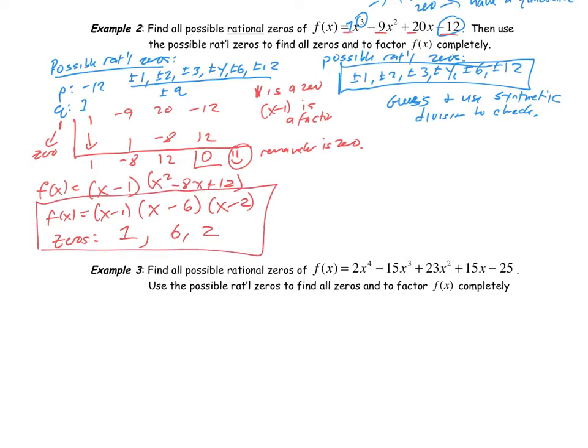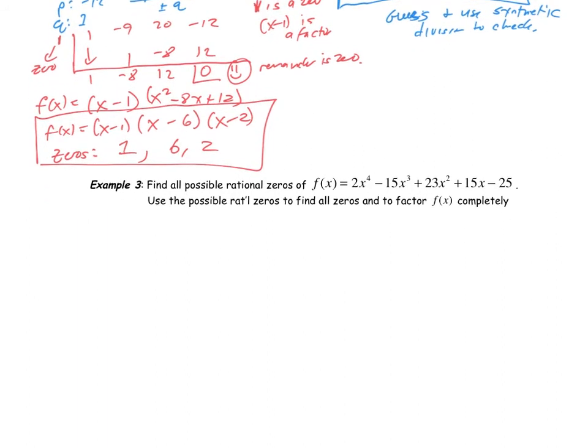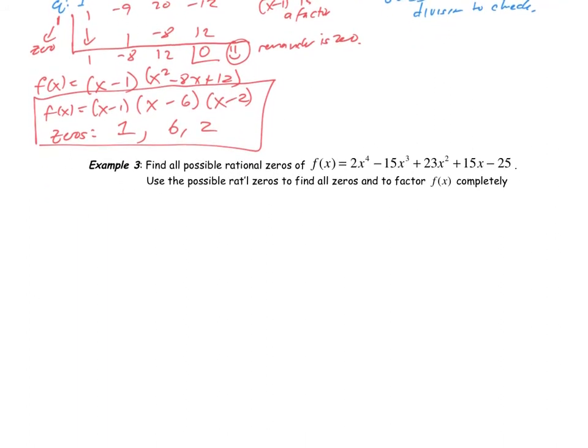Moving on to example 3, we're asked to find all possible rational zeros of a fourth degree polynomial function, which is listed out. And then we're going to use the possible rational zeros to find all zeros and to factor completely.